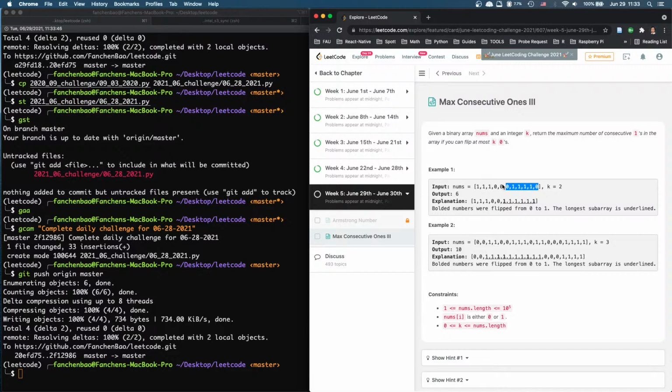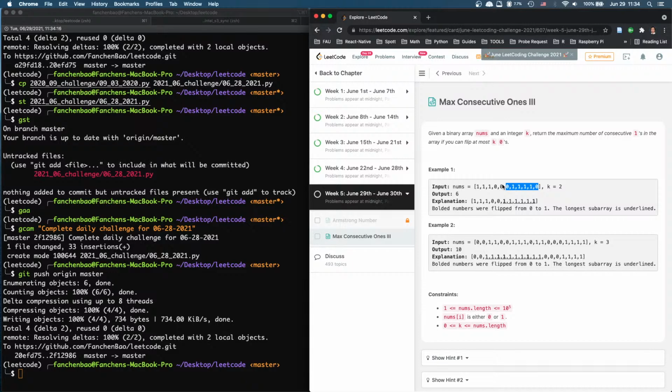The maximum is 1. In this case, if I don't change and we're passing k equals 2, what comes back is 1. The maximum is 1, and the consecutive is also 1.